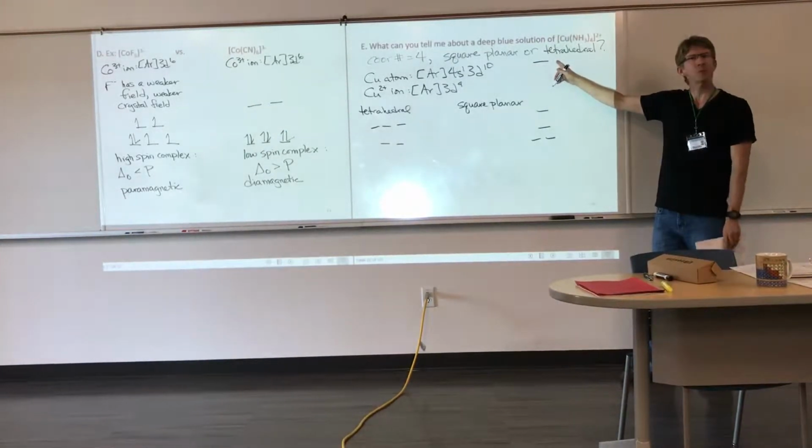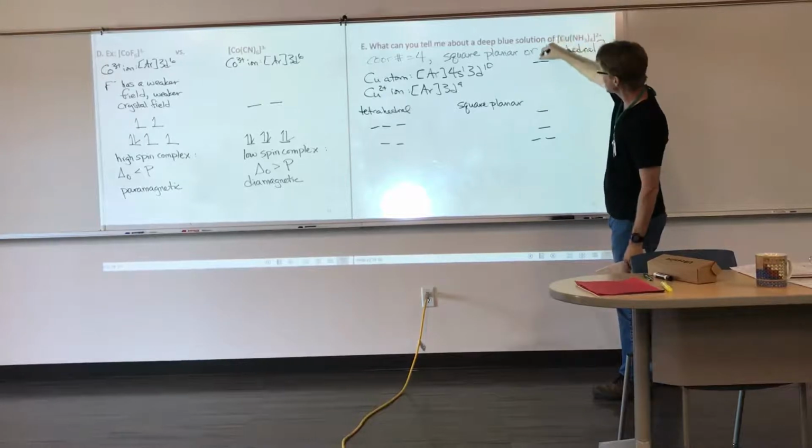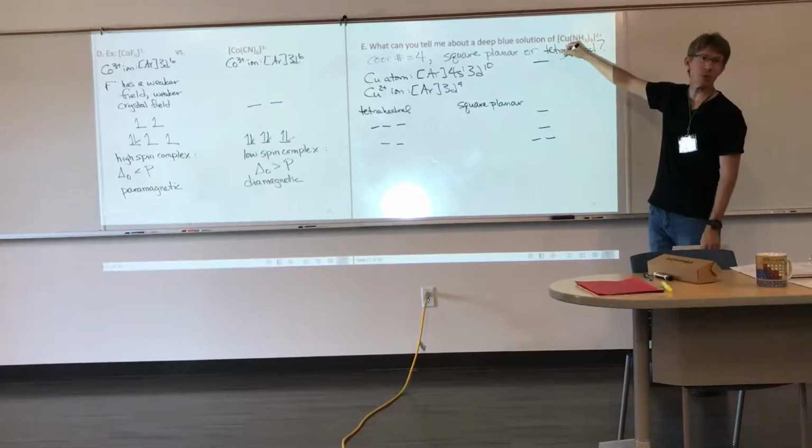When a complex ion is square planar, it will leave this top orbital empty because the top orbital is very high energy.